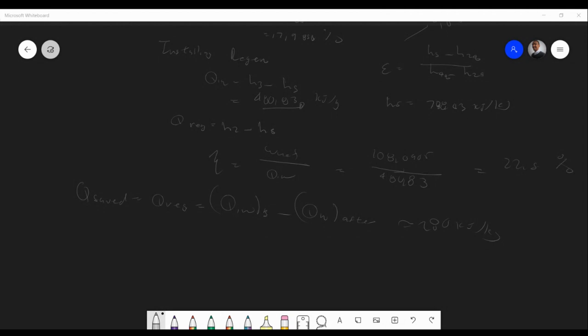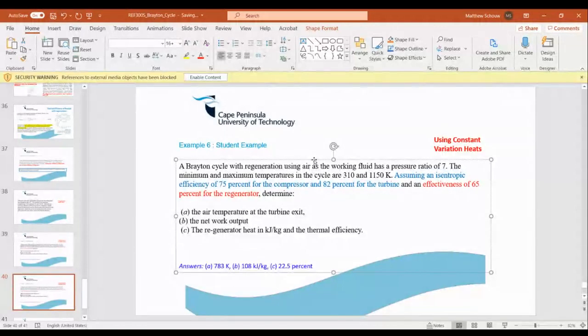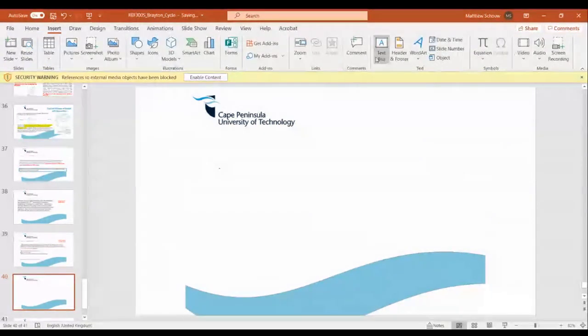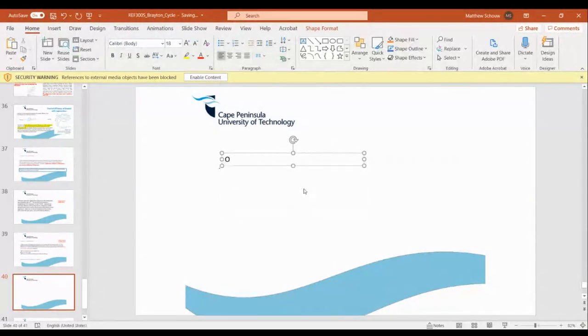But before I conclude, I just want to go back to my slides here. Just to state over here, like Mr. Romano said, I'll just write it here, guys. Just give me a moment. Otto cycle, so it will be Cp and constant and variation.